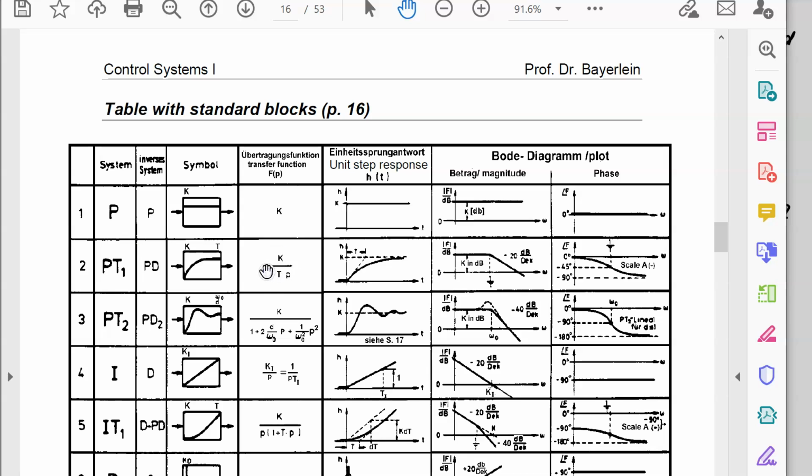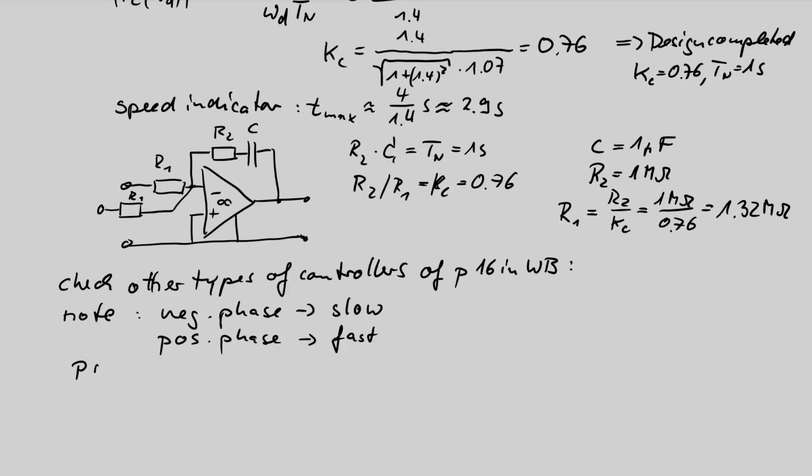This is a PT1 block, transfer function, this is the phase. You see the DC gain is still K, so it could not be more accurate than a P block. And what is with the phase? The phase is more negative than P, so we can say a PT1 is worse than P, slower, caused by negative phase.